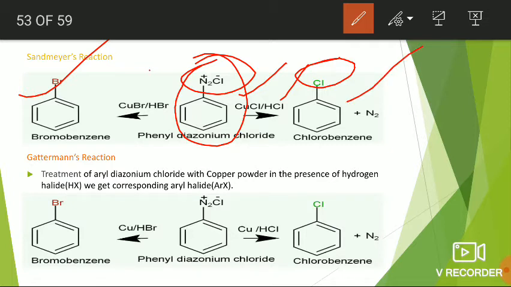If you treat the diazonium salt, phenyl diazonium chloride, with cuprous bromide in the presence of hydrogen bromide, then we get the corresponding bromobenzene.